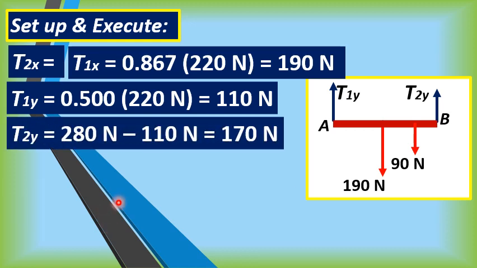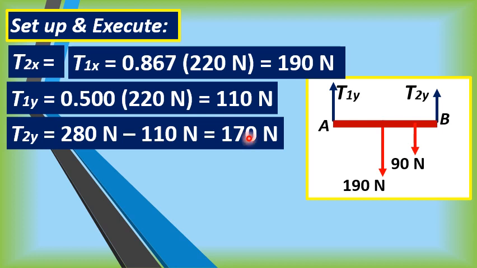And to get T sub 2y, the y component of T2, based on our vector diagram here, we make use of the fact that the sum of the upward forces must be equal to the sum of the downward forces. That means to get T sub 2y, we just subtract the value of T sub 1y, which is 110 newtons, from the sum of 190 newtons and 90 newtons, which is 280 newtons.